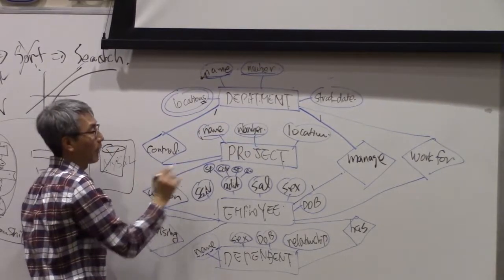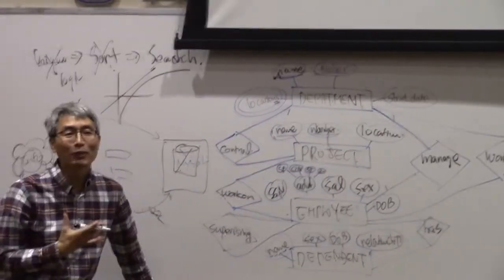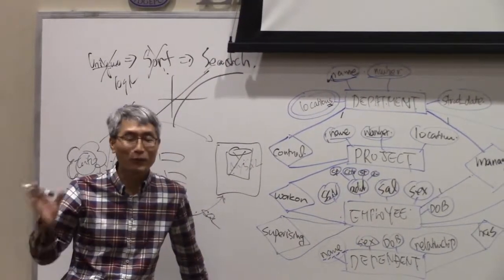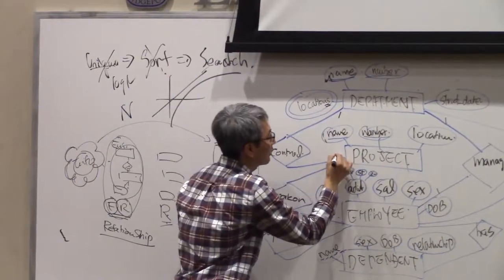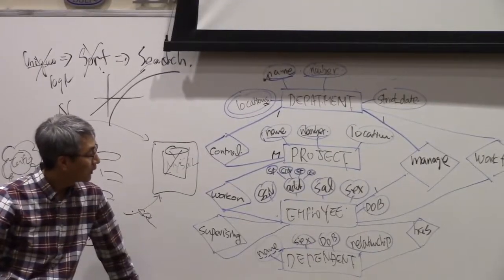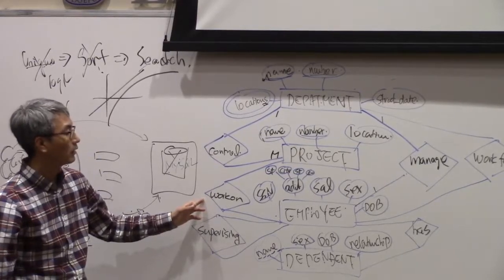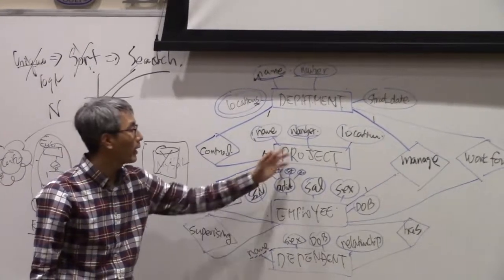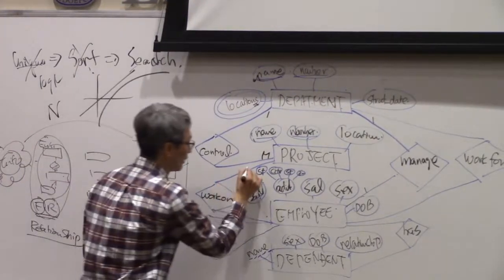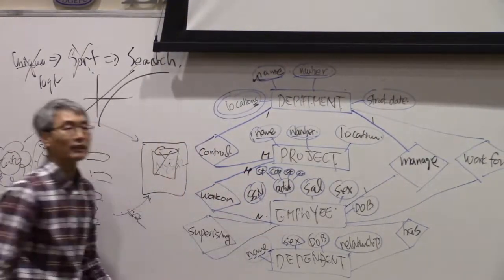The one is the department. It looks simple, but later many students get confused. So one department, and the many side is project. Okay. And what about works on? Employee works on many projects. Project has many employees, so many to many.